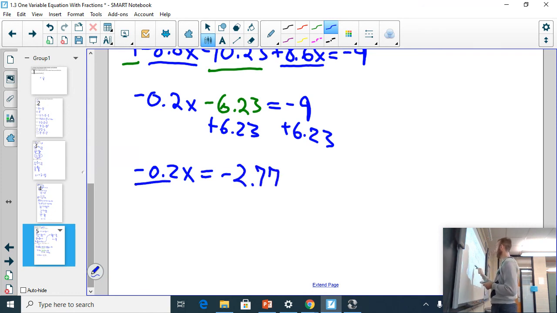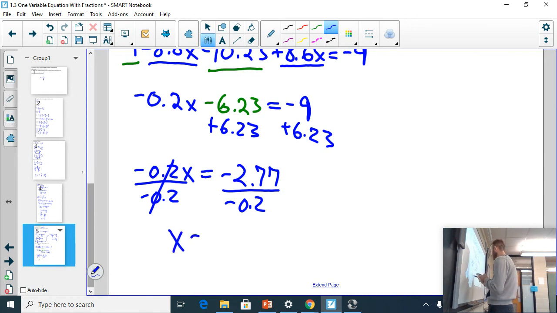And then we need to divide by negative 0.2, divide by negative 0.2. And we are left with x equals negative 13.85.